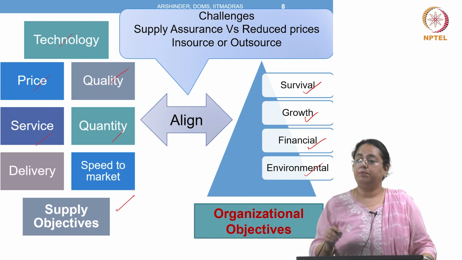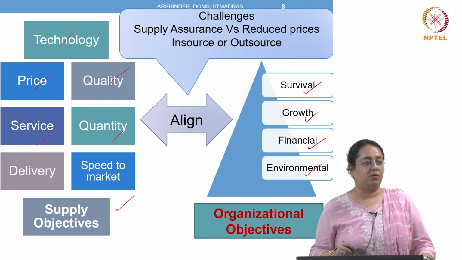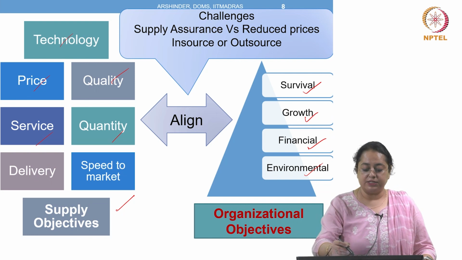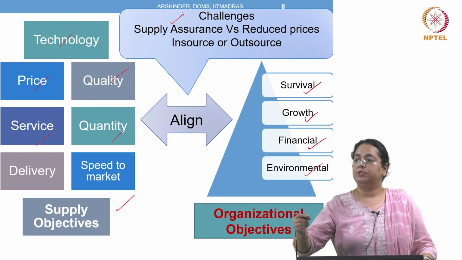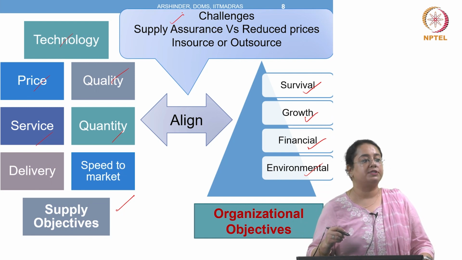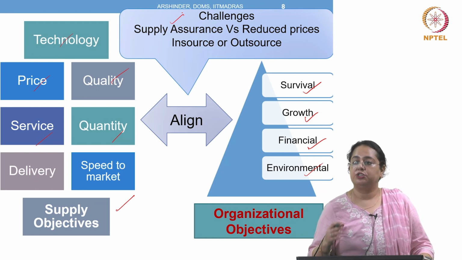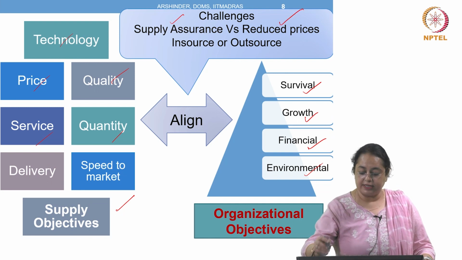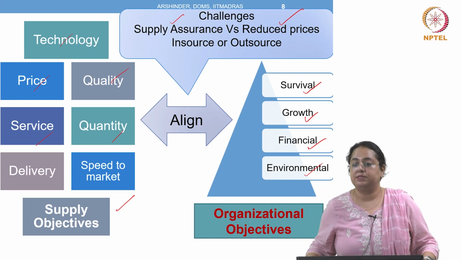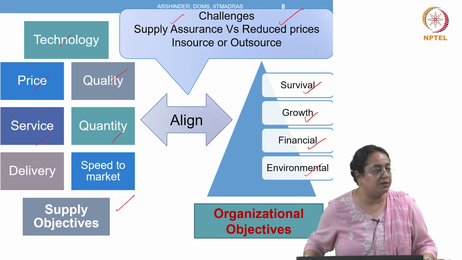But there would be challenges also, okay? Challenges would be like, suppose the manufacturing or processing department has said we cannot stop, we cannot have a break in our production, so supply continuously. But business strategy would say, no, we need to reduce the prices, we don't need to produce continuously.